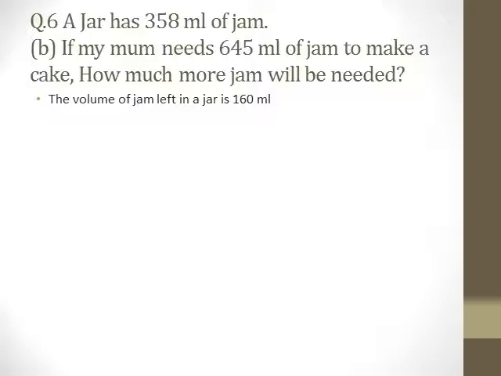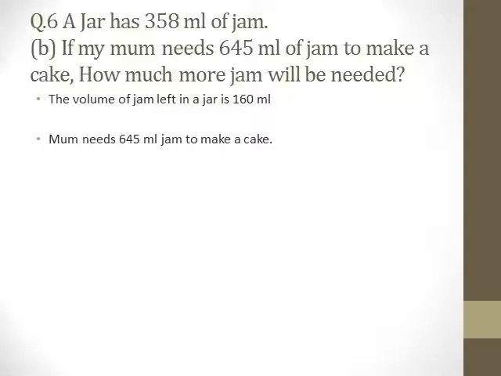The second piece of information the question is giving is that mom needs 645 milliliters of jam to make a cake. So we have the amount of jam left in the jar, which is 160 milliliters, and we know the total amount required to make one cake is 645 milliliters.